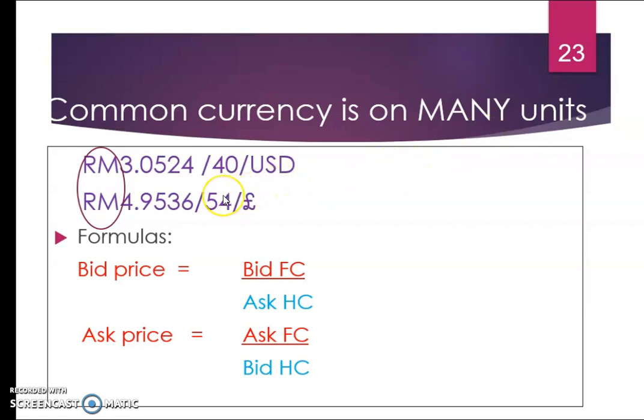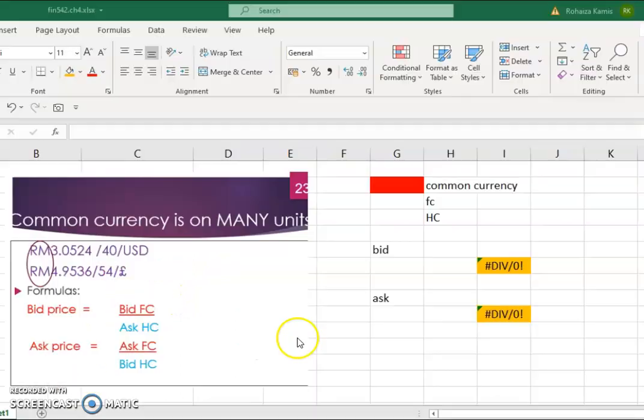So definitely we are going to find the USD over pound, or pound against USD. So we need to use this formula to find the bid and also the ask. Okay, now please tell me what is the common currency for this question.